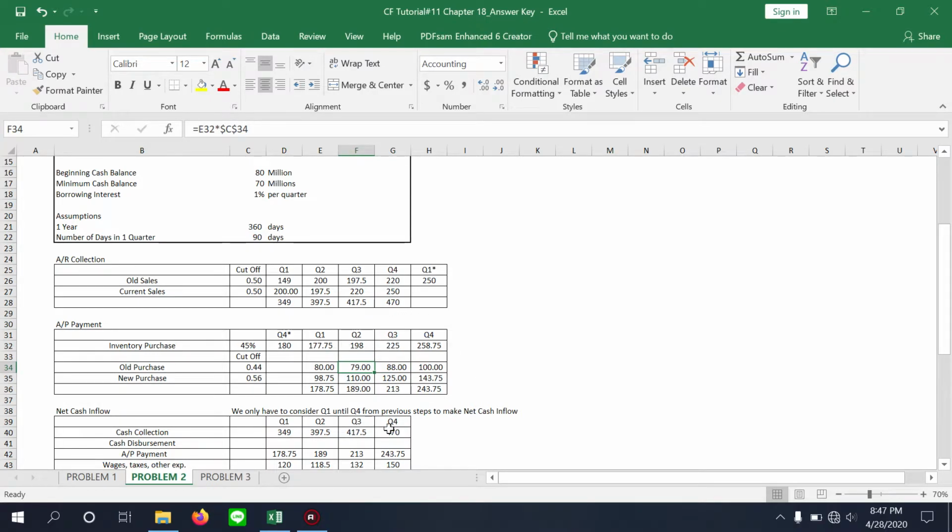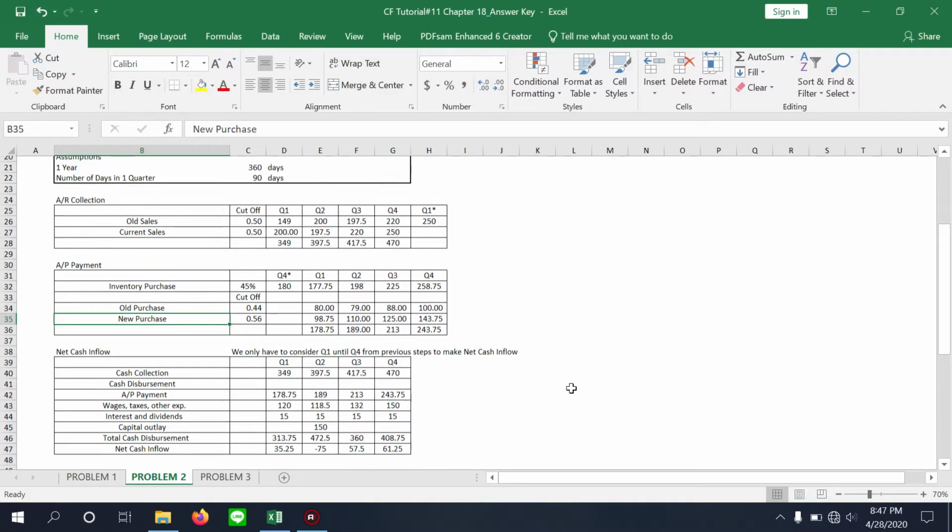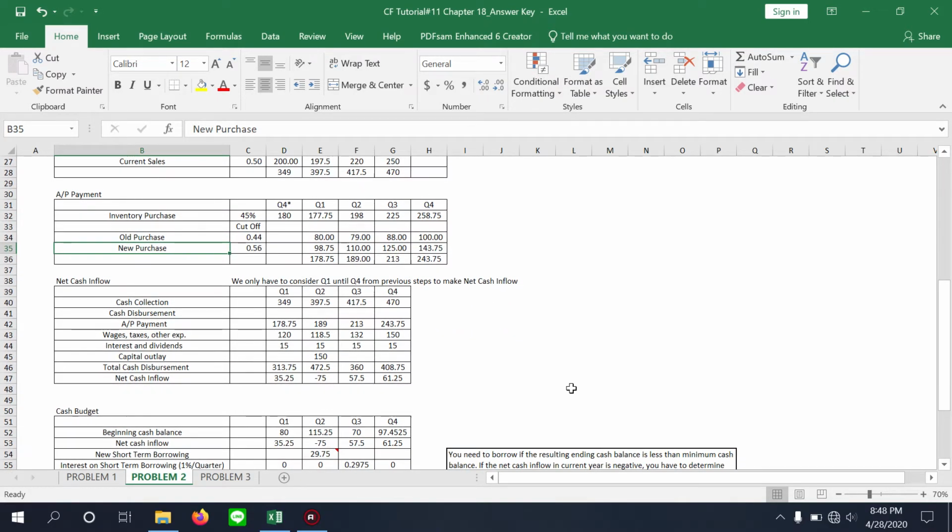This simple formula is followed each time, and after you finish the account payable payment, the next step is finding the net cash inflow. The net cash inflow has several steps: cash collection and also cash disbursement, which accounts for account payable payment, wages and taxes, interest and dividend, and capital outlay.